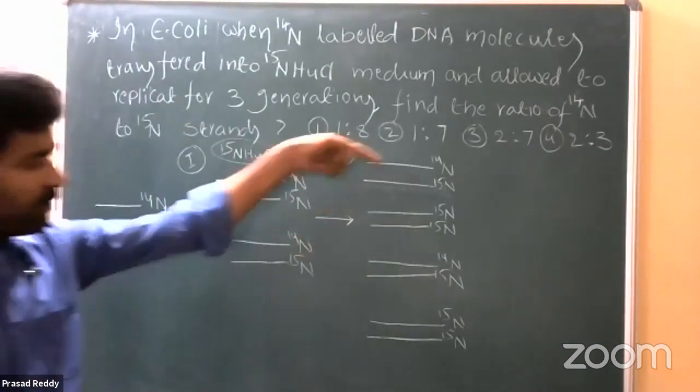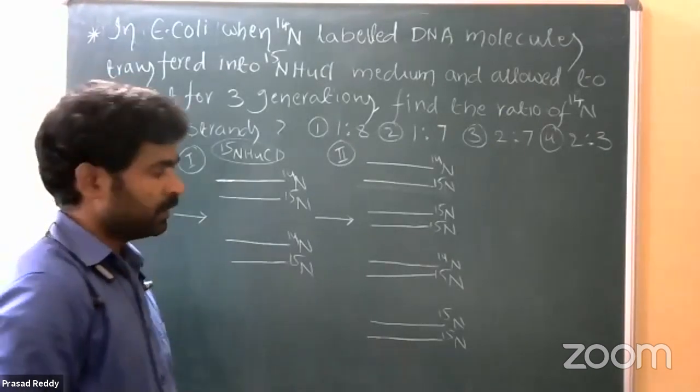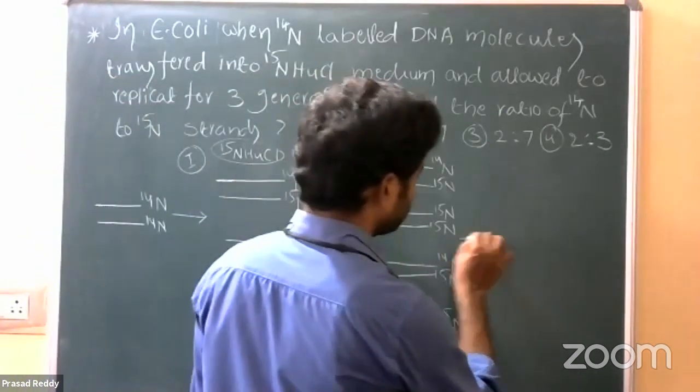So the ratio of hybrid DNA and heavy DNA here is 1:1. Not light, heavy.